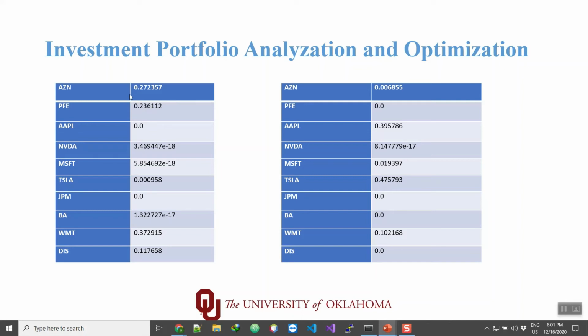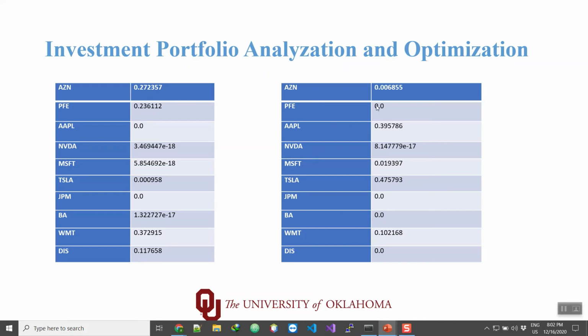Pfizer, I think, is high risk. And it says put 27% in AstraZeneca, which is good because AstraZeneca is really low risk.